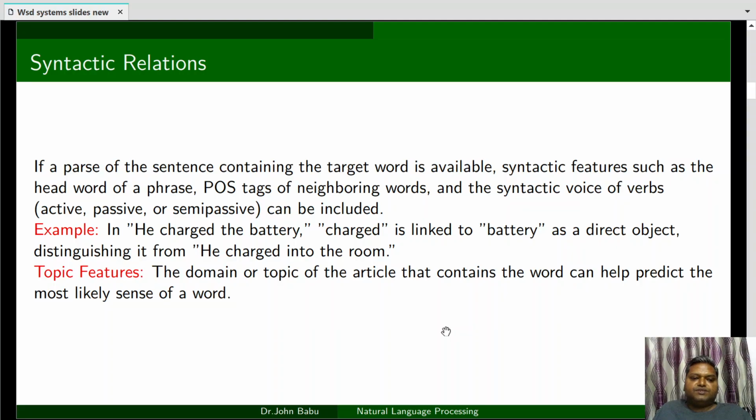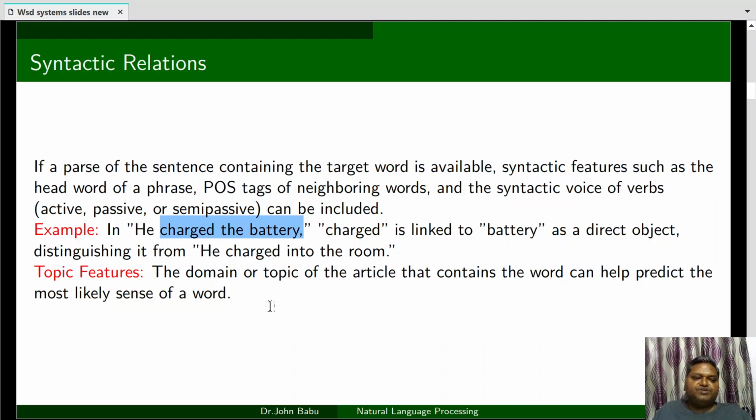Here, charged is ambiguous because if there is a sentence he charged into the room, that means he entered that room forcefully. So charged in the first sentence and charged in the second sentence have different word senses. But here we see that charged the battery, that means here battery is a direct object, so we can distinguish.